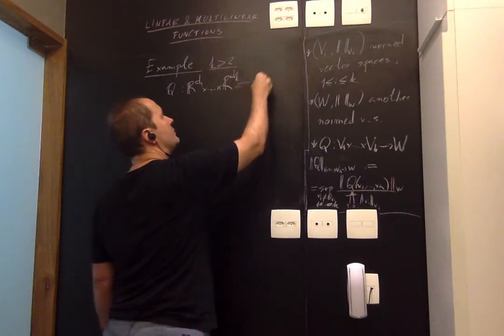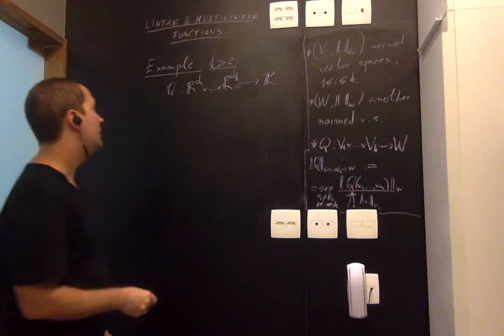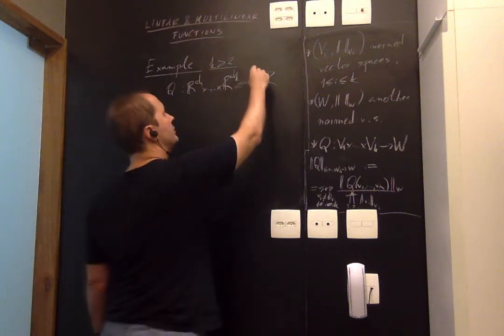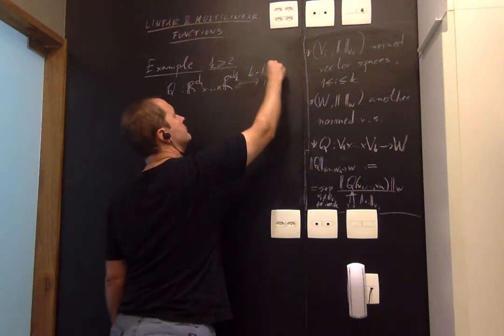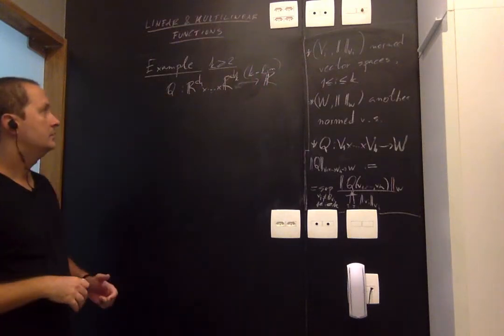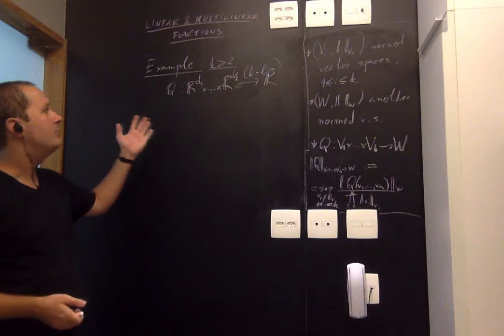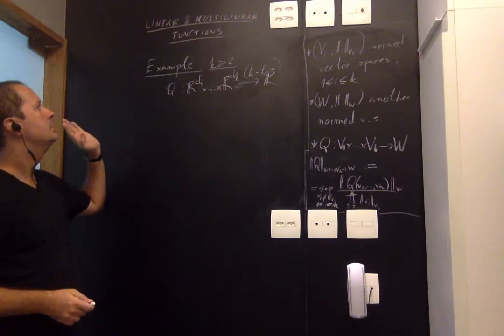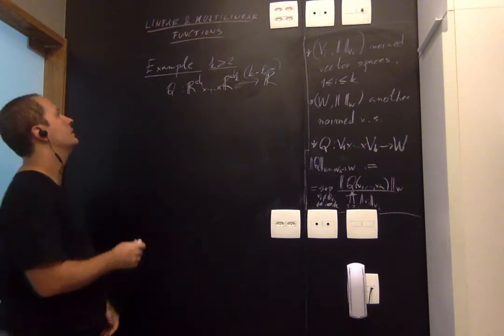And everything's mapped to R. And this is k-linear. Okay, this is kind of an abstract concept, right? So how do we understand this?